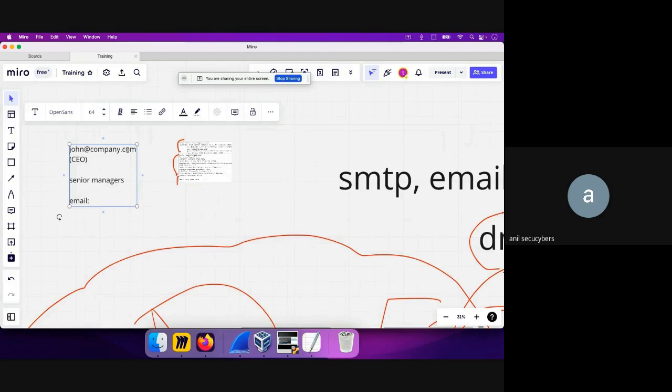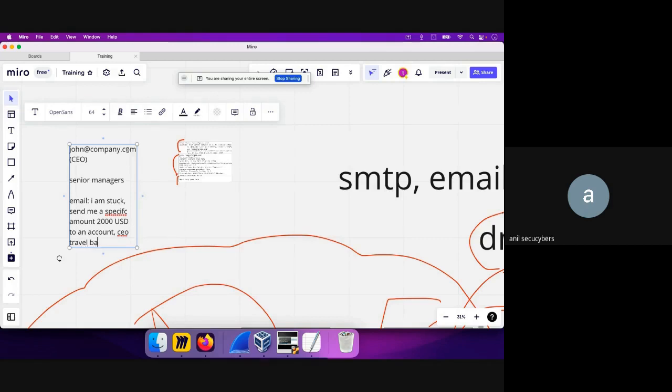The email was telling that, okay, I am stuck somewhere, and send me a specific amount, let's say 2000 USD, to a specific account, so that the CEO can travel back to office.